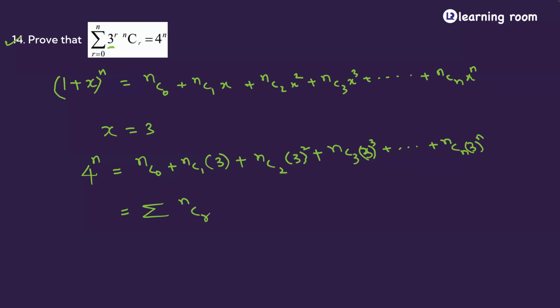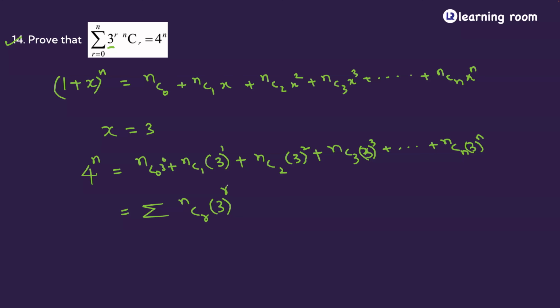So it is NCR into, if you look at the coefficient of it, it is 3. When it is 0 here, it is written as 3 power 0. When it is 1 here, it is 3 power 1. When it is 2 here, it is 3 square and it keeps on going. So I can write it as NCR into 3 power r.